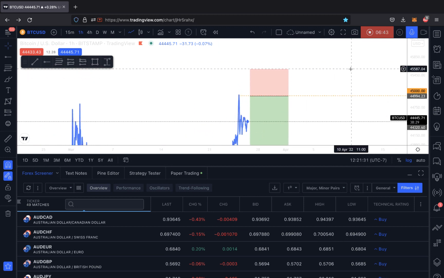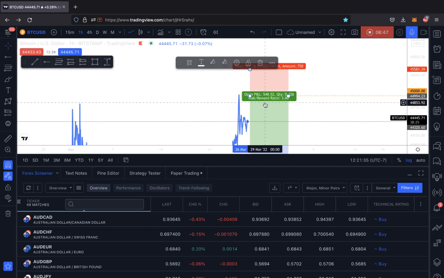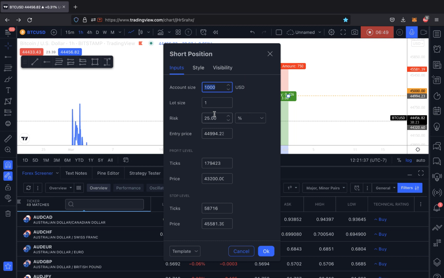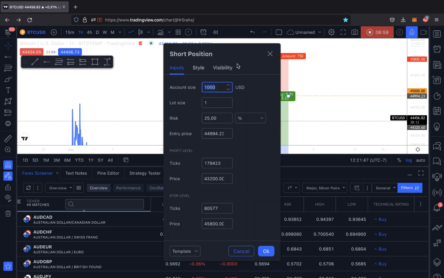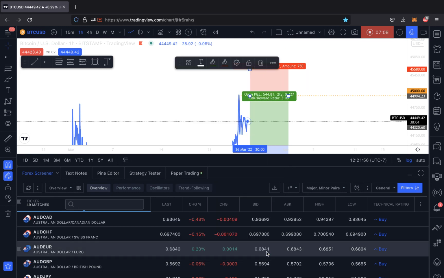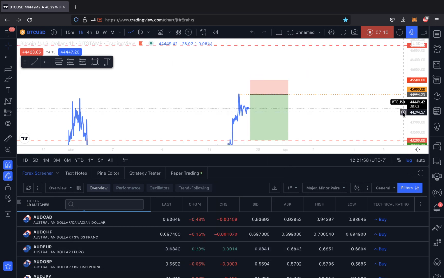So that means that my stop loss should be around 45,580. Okay. And there you go.